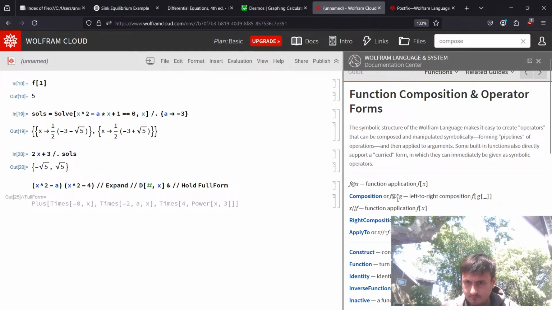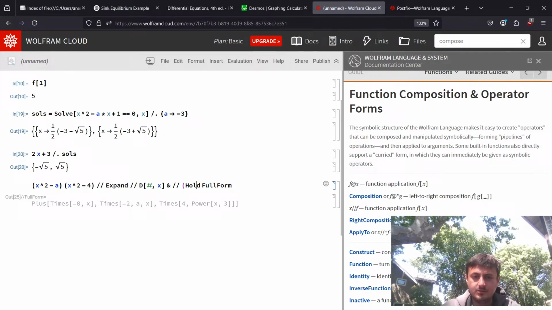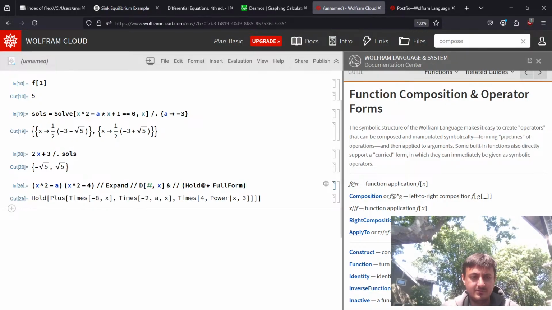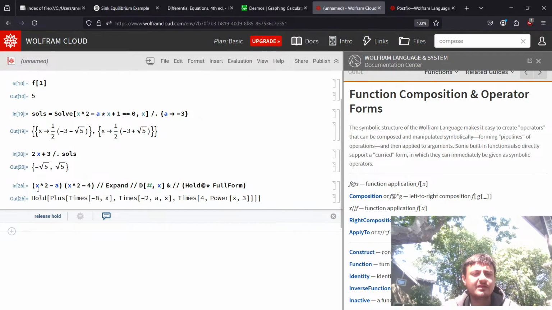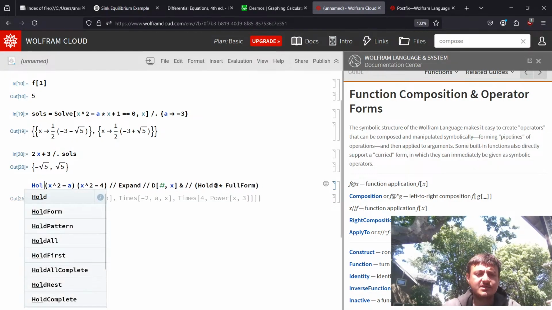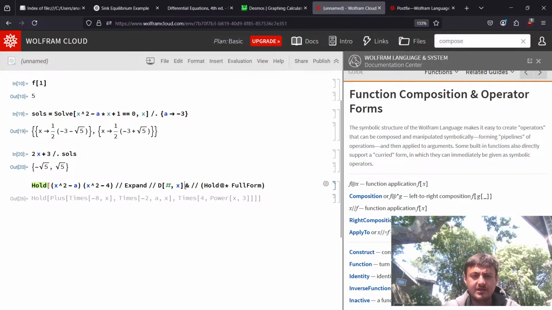Like if I do this, hold, at star. Is that going to work? I think it's the precedence that's messing me up. I think I need to do this.